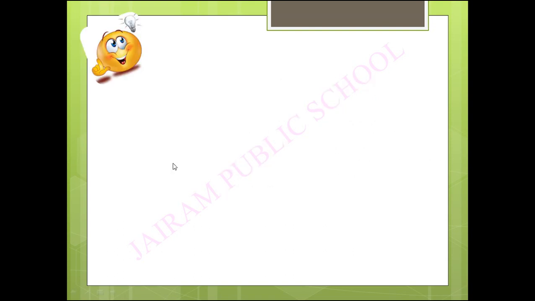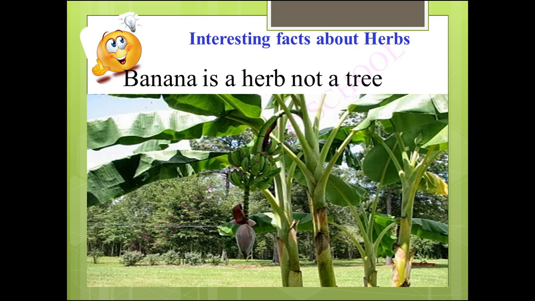Now here we have interesting facts about herbs. So I will share some interesting facts about herbs. We know that the banana is a big plant, isn't it? It is not a tree, it is a herb, because the stem portion of the plant is green in color.